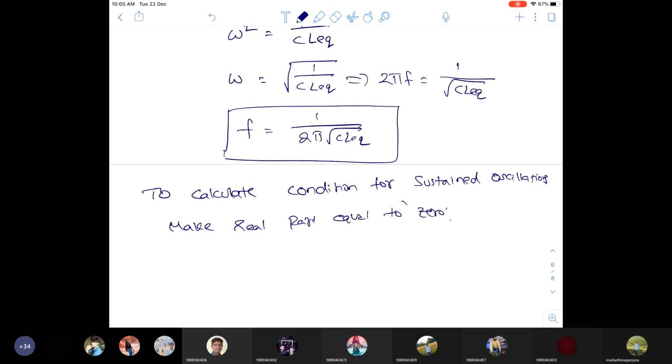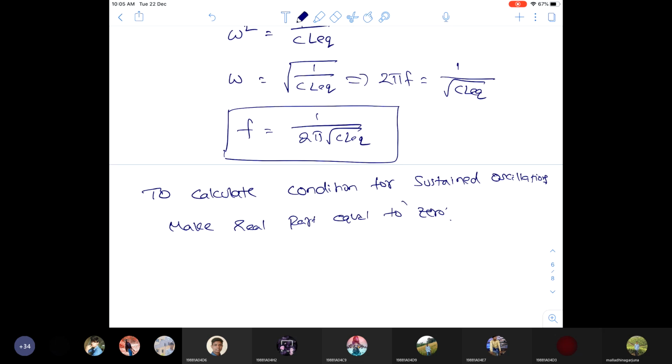This is the condition for sustained oscillations. And I told you about the loop gain: if A beta is greater than 1, the oscillations grow, and if less than 1, they decay. For sustained oscillations, A beta must be equal to 1.